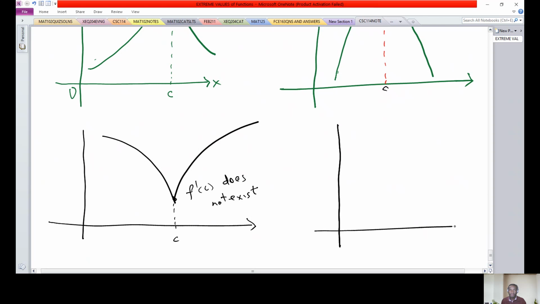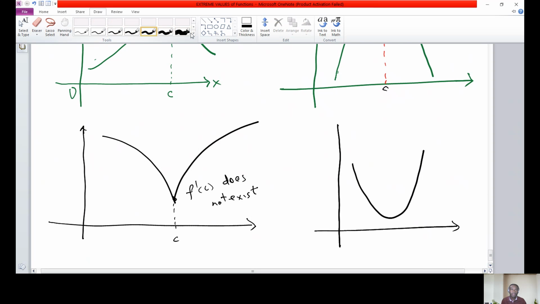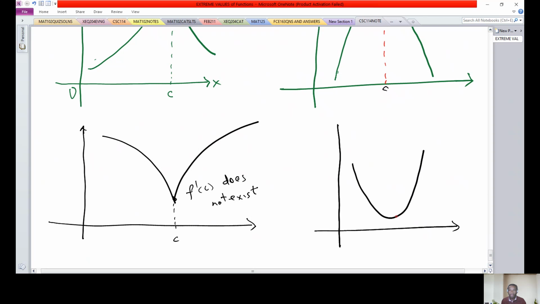Or we can have a horizontal tangent here, so f prime at c equals 0.